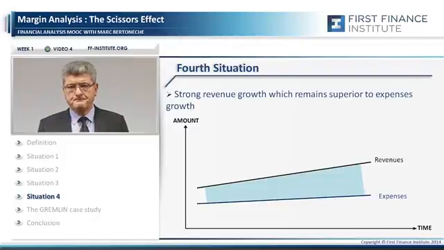Situation 4: the positive scissor effect, the one that everybody would like to experience. A company with a strong position in the marketplace, enjoying some economies of scale, would be a perfect example of this beneficial state. Let's illustrate this effect with our case, Gremlin.